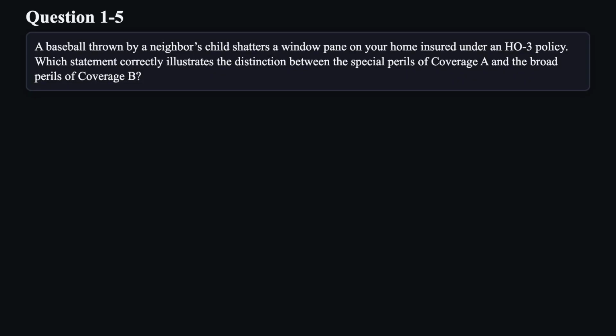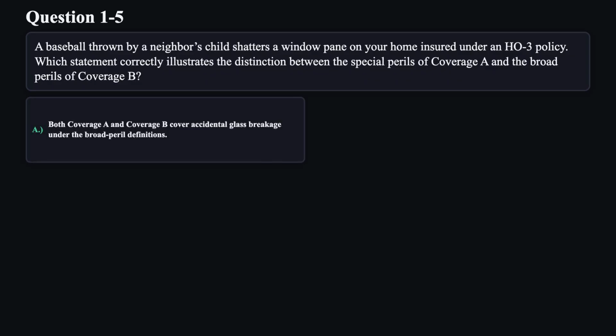Question 5. A baseball thrown by a neighbor's child shatters a window pane on your home insured under an HO3 policy. Which statement correctly illustrates the distinction between the special perils of Coverage A and the broad perils of Coverage B? A. Both Coverage A and Coverage B cover accidental glass breakage under the broad peril definitions.